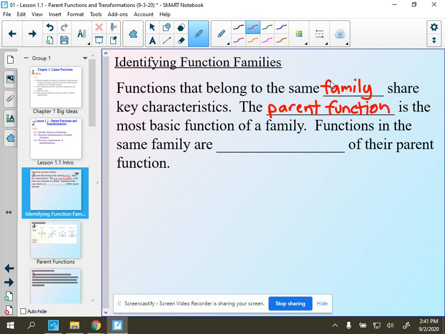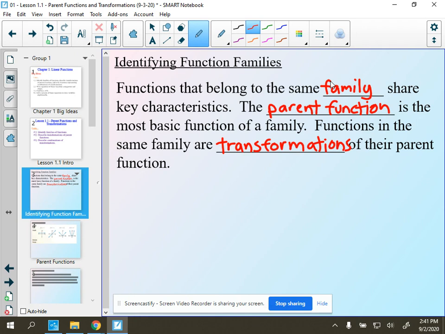Okay, and then any other functions in that same family are transformations of that parent function. Okay, so we take it and we transform it. We'll talk about the types of transformations that we're going to look at, but we do stuff to it.